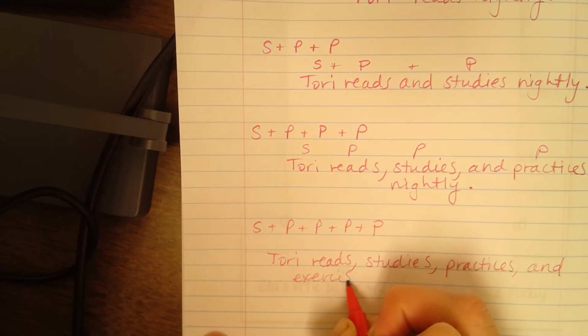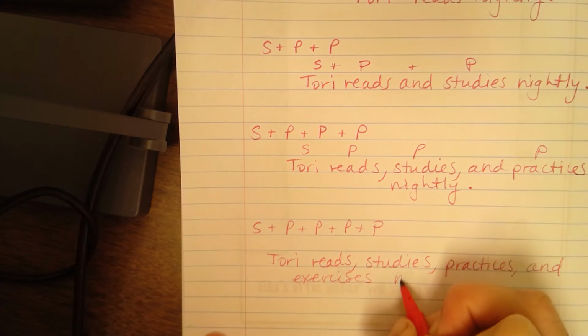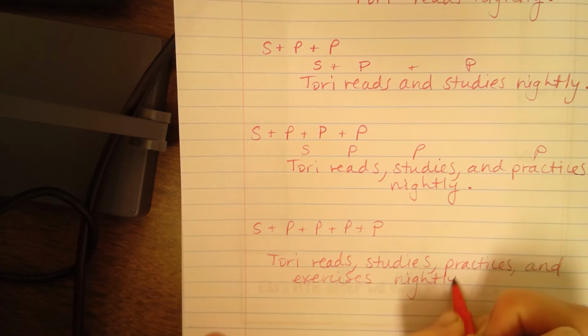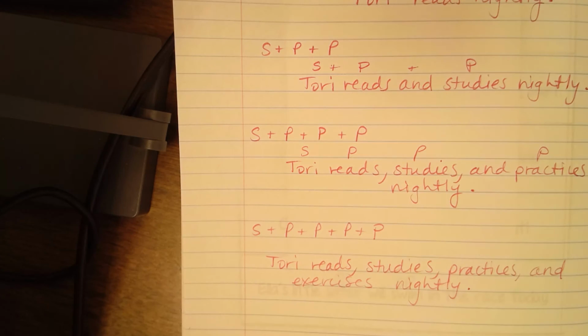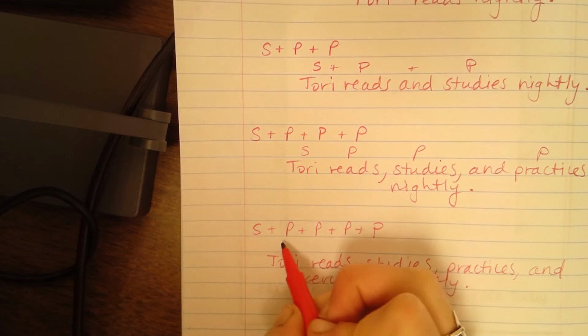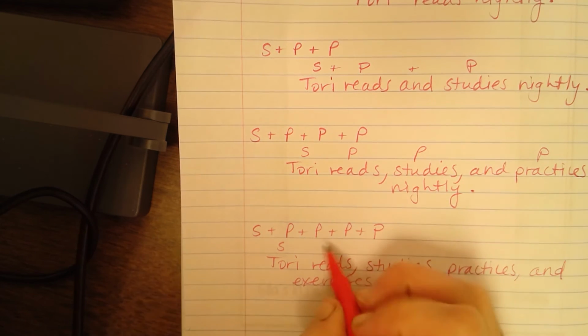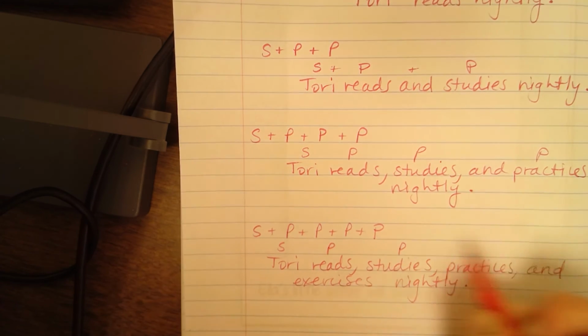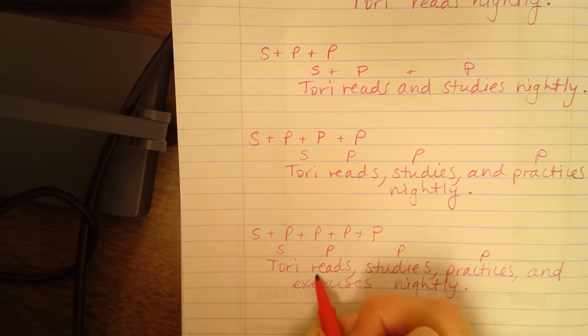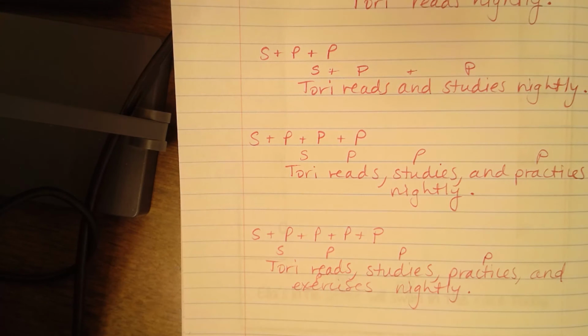So she's busy at night. She, subject Tori, reads, studies, practices, and exercises nightly. Okay, so now we have four predicates going on, a compound predicate taking place in that sentence.